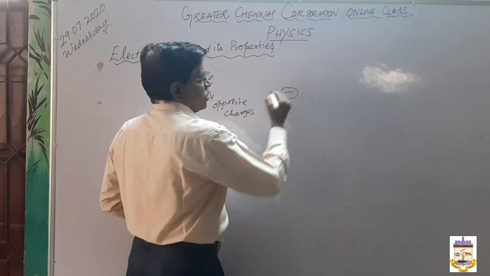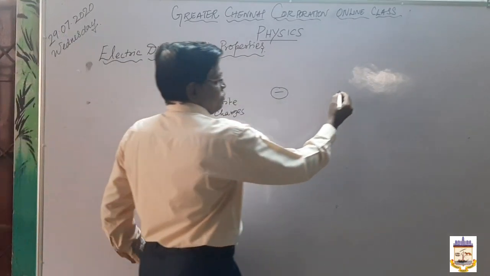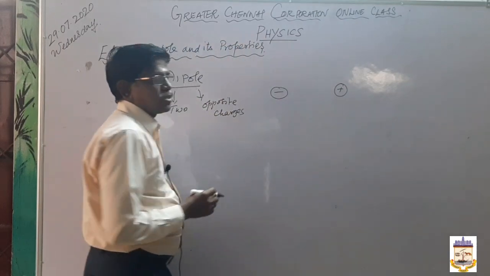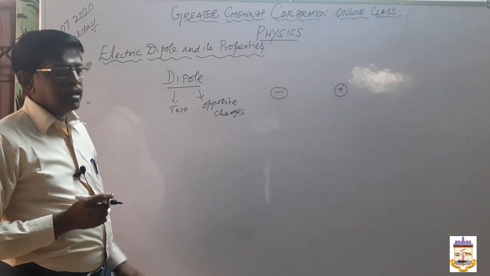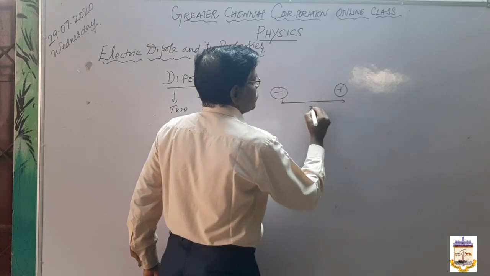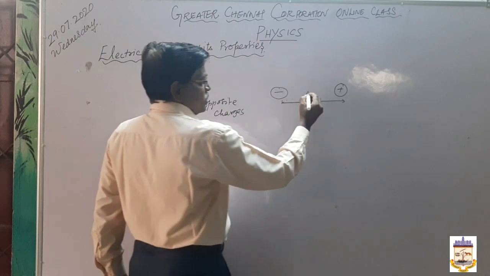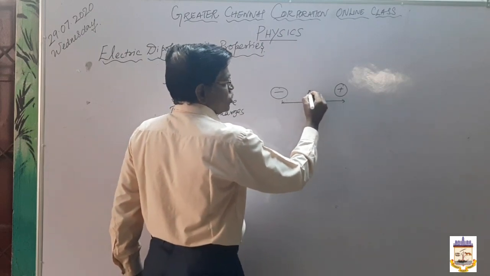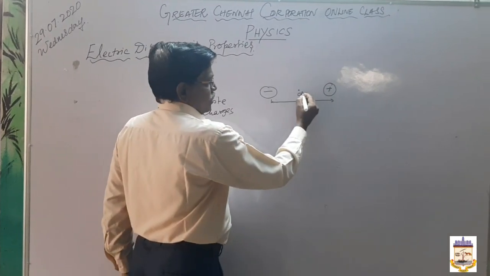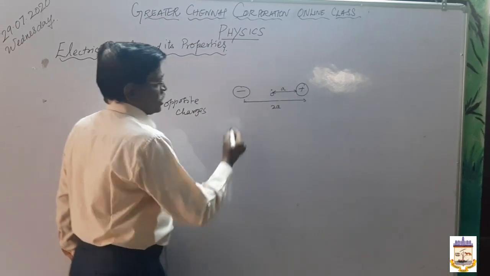Suppose a negative charge and a positive charge are separated by some distance from center to center. The distance is 2a. Why 2a? Because we measure the distance from the center point O. From this point to the positive charge, the distance is a.